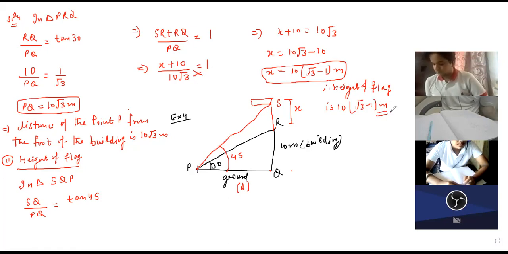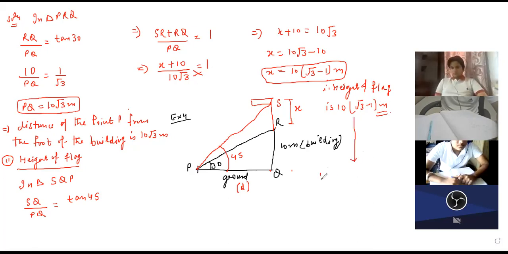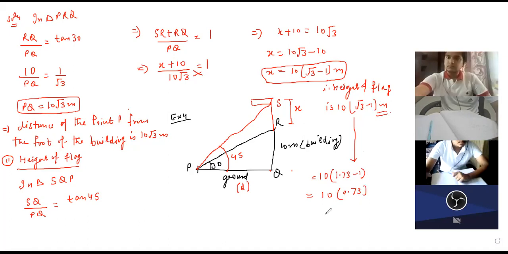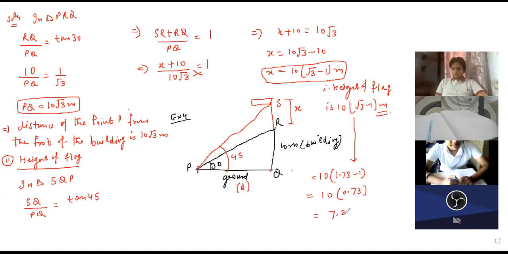I hope most of the students, this question is clear. Yes, sir. Great. So you can solve it a bit further by substituting the value of under root 3. We know that under root 3 is equal to 1.73. This is minus 1, so this is 0.73. So you can write it as 7.3 meters.